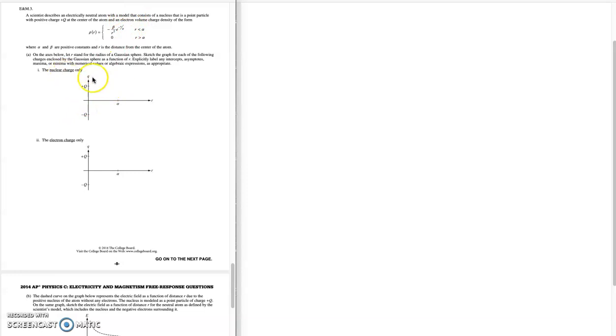So if we're looking at the nuclear charge only, what we get is plus Q going straight. If we put a plus here, that's our point particle, and then out to radius alpha, we have an electron cloud.